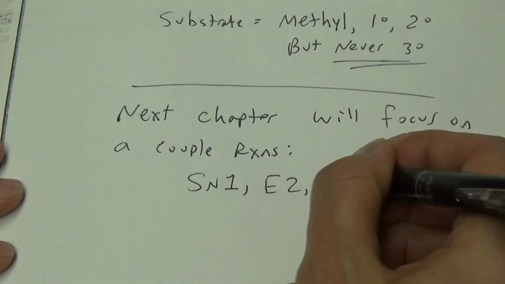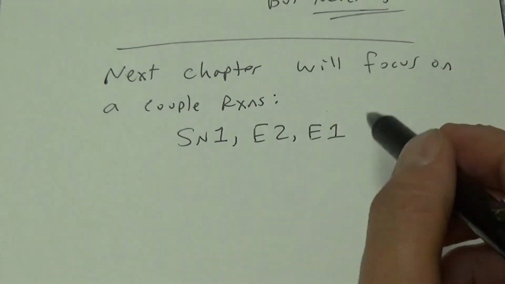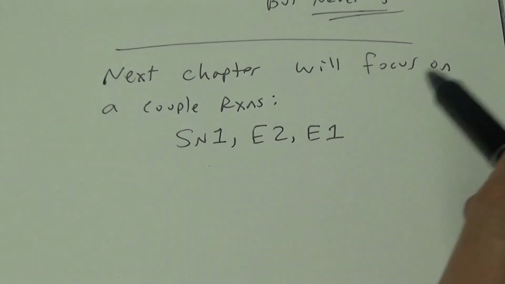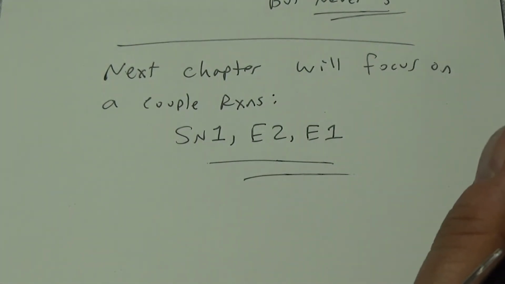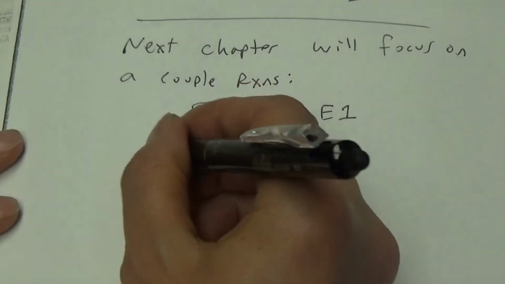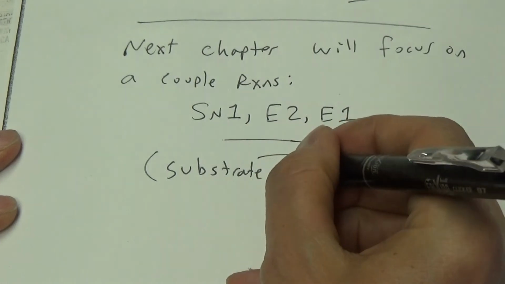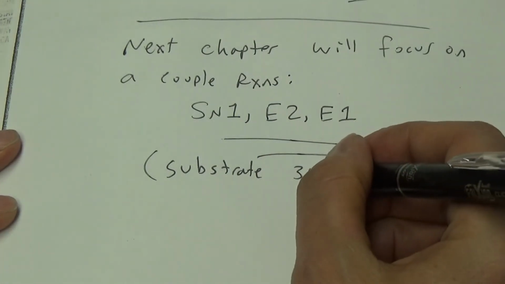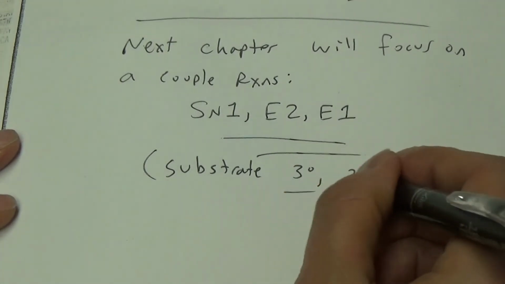I'll mention the names now and explain them later. Next chapter is going to be something called SN1, E2, and E1. Those are cases where the substrate is usually going to be tertiary, and sometimes it'll also be secondary. And we're going to see it's going to be a little confusing.